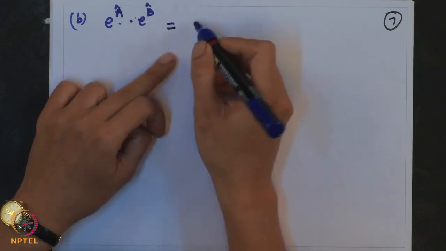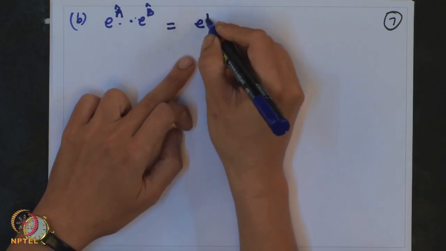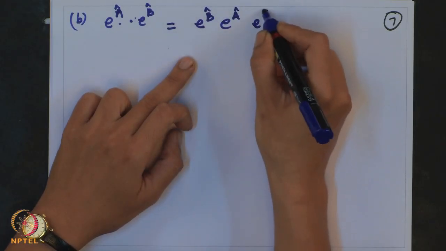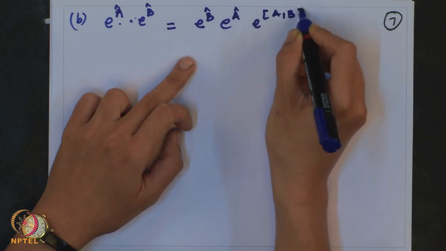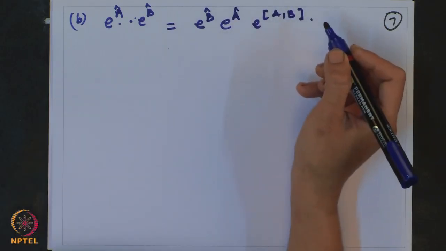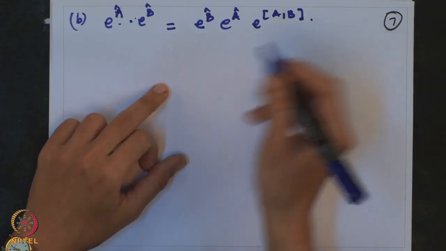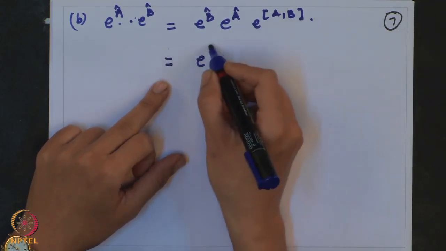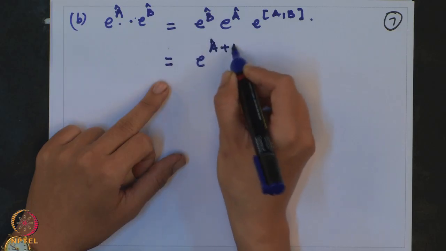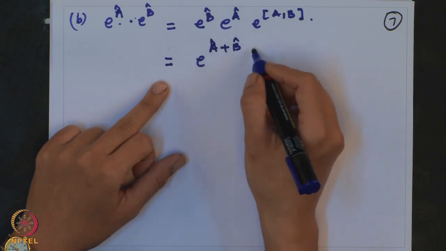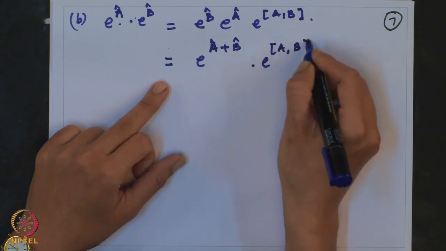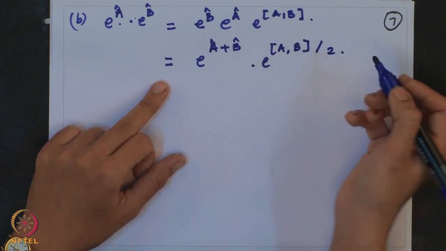So, what we have, let me write here as e raised to A comma B, okay. And you have this equal to e raised to A plus B times e raised to the commutator of A B by 2.